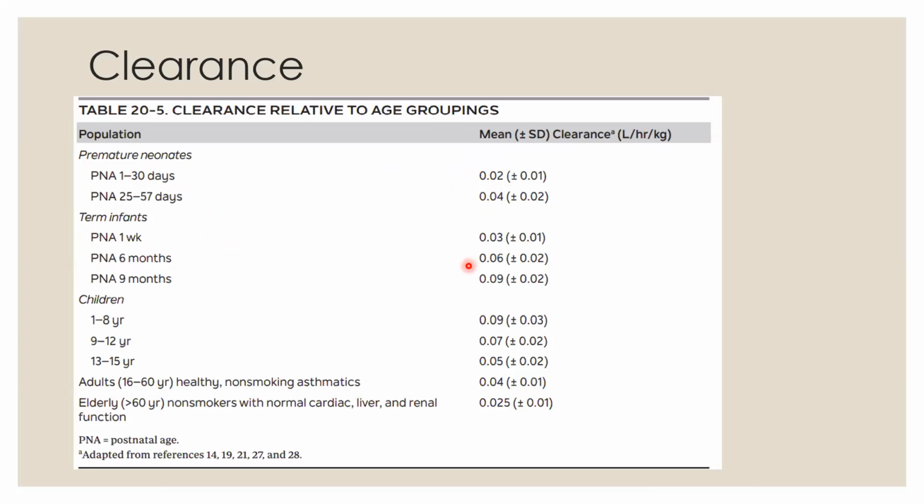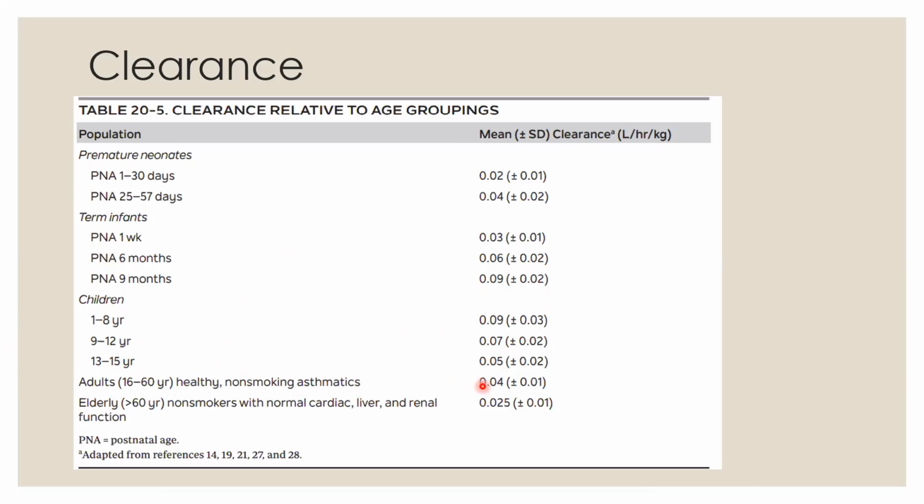Lack of the enzyme, so the metabolism is less, so the theophylline level will be higher. But at a certain age, like 6 months, 9 months, because they are growing very fast, and also children until 15 years old, they have a much higher clearance than adults.